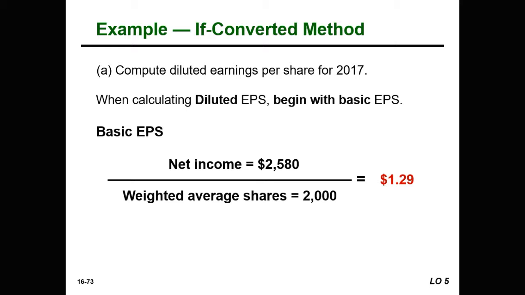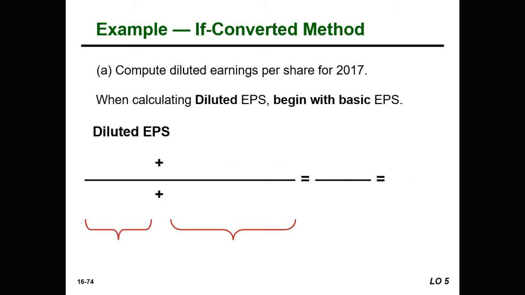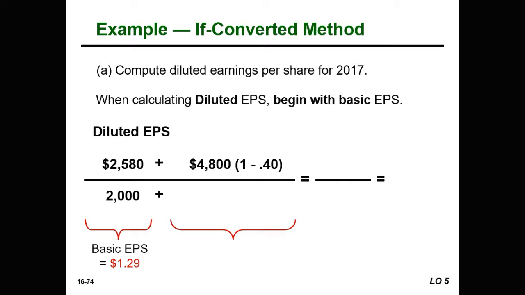So we go into the extended version to calculate diluted EPS, starting with net income and 2,000 weighted average shares and basic EPS of $1.29, which we just calculated. Now we need to add back the interest expense of 4,800 multiplied by 1 minus 0.40 so that we can negate the tax effect.